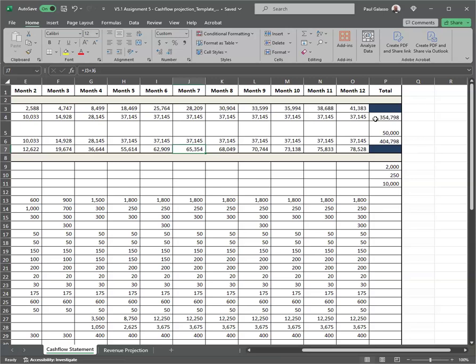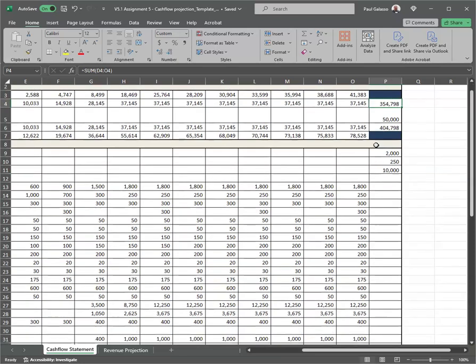So our total income for the first year is $354,798. We borrowed $50,000 to start the business. And so our total amount that we added to the business is $404,796.